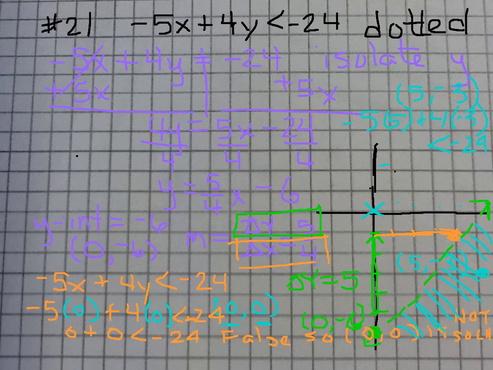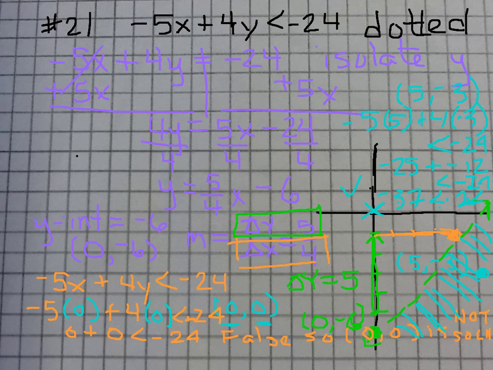Sure enough, I get negative 25 plus negative 12, which is negative 37, is less than negative 24. That checks and it's true. So I proved that that is in fact part of my solution.